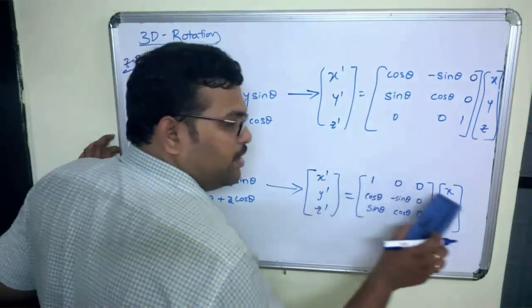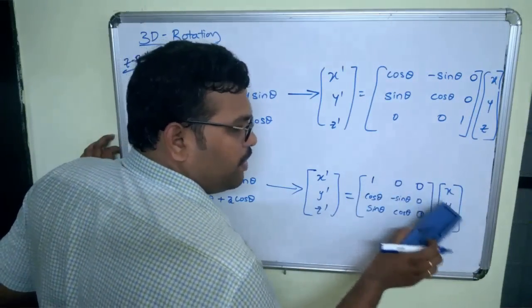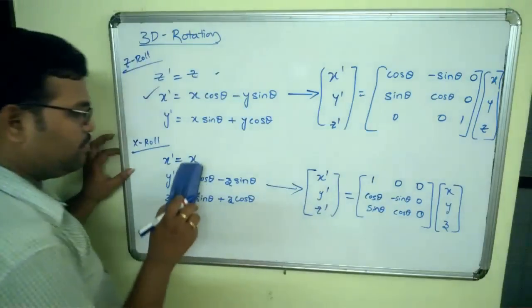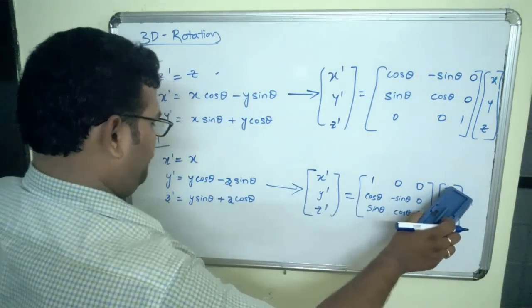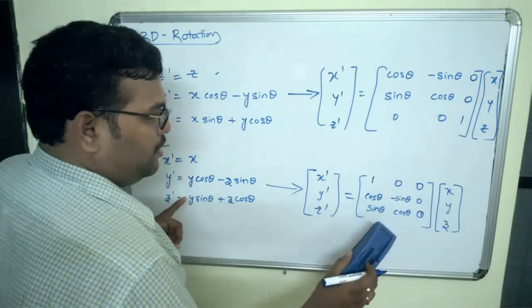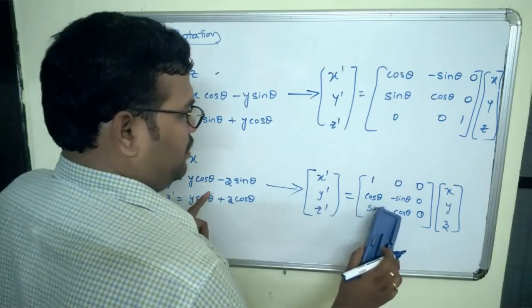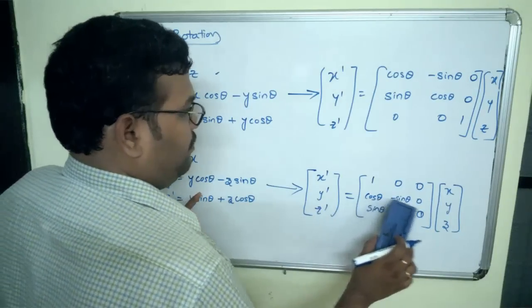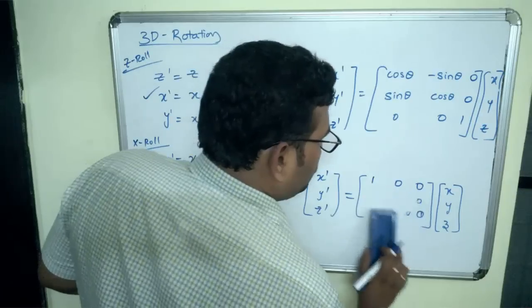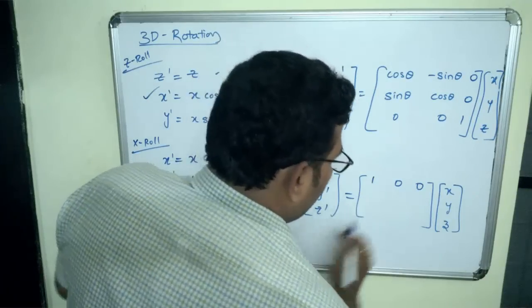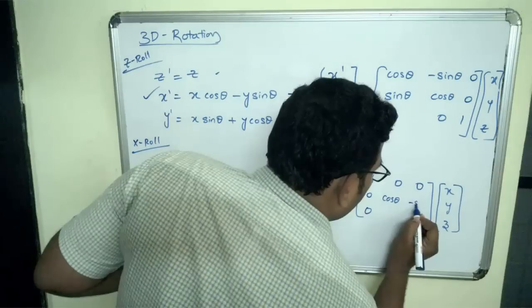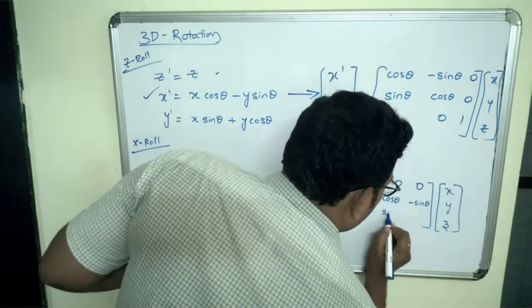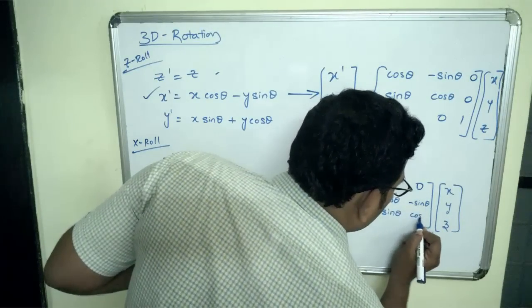X dash is equal to 1 into x plus 0 into y plus 0 into z, that is x dash is equal to x, and y dash is equal to cos theta into x. So the formula has been changed, so 0, 0, cos theta, minus sin theta, cos theta.